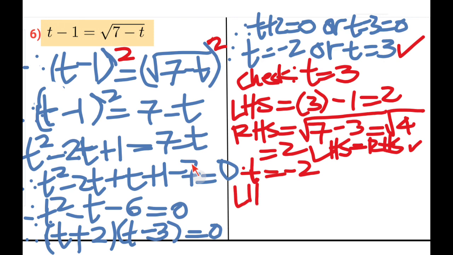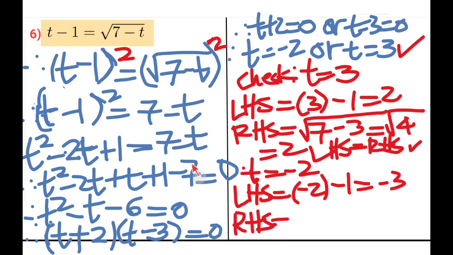Okay, the left hand side is equal to negative 2 minus 1, which is equal to negative 3. And then the right hand side equals the square root of 7 minus negative 2, which is the square root of 7 plus 2, which is 9.